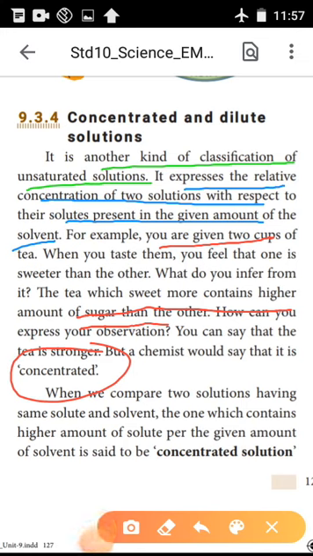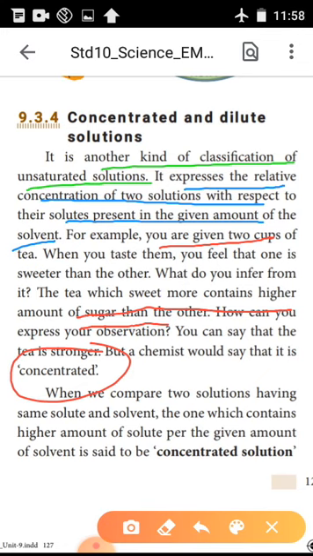Let's see the next topic, concentrated and dilute solution. It is another kind of classification of unsaturated solutions. What is an unsaturated solution? If the amount of solute is lesser than the saturated amount, for example, 15 gram of solute dissolved in 100 gram of water at 25 degrees Celsius, that is an unsaturated solution.